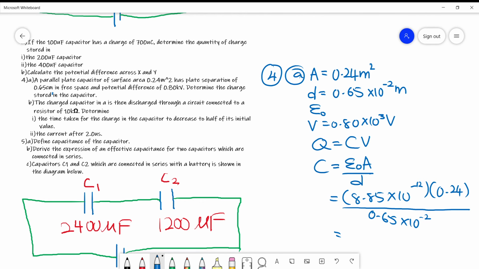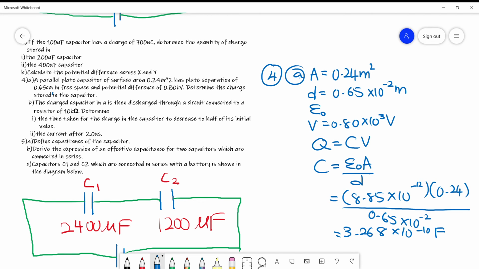So what we have is actually 3.268 times 10 to the power of negative 10 farad.